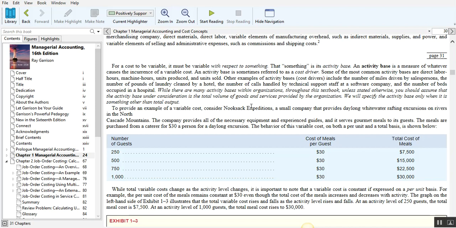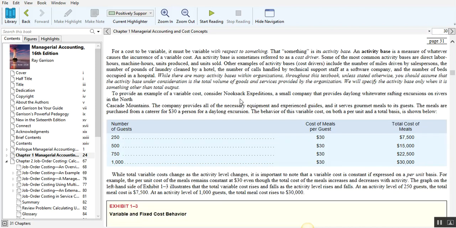So here, this example that they provide is a small company providing whitewater rafting excursions. And they're going to provide the equipment, guides, and meals to the folks that are going on these trips. So depending on the number of guests, the cost of the meal is going to be there.